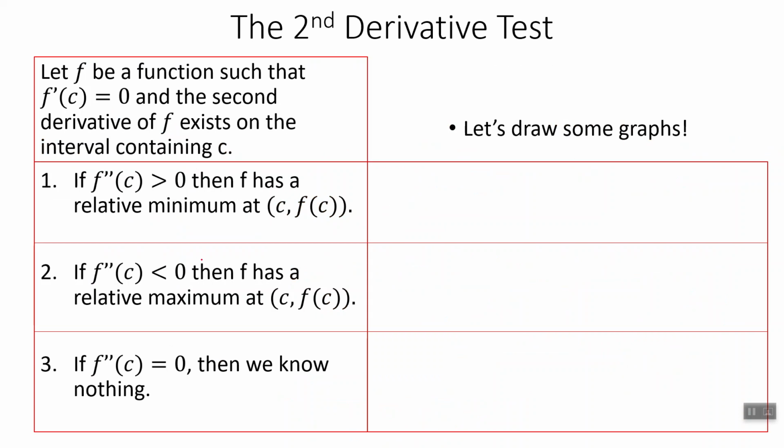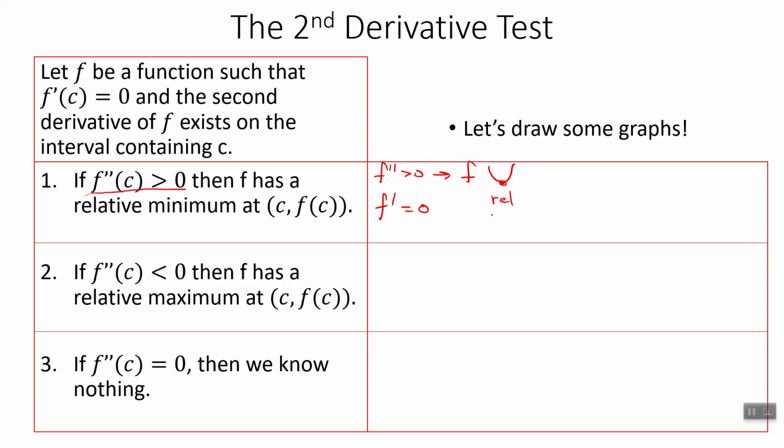All right. So the second derivative test. We can use the second derivative to tell if something is a minimum or a maximum. For instance, if the second derivative is positive, f double prime is greater than 0, that means f is concave up. And if it's concave up and f prime, the derivative, equals 0 at that x, then that must be this point down here.